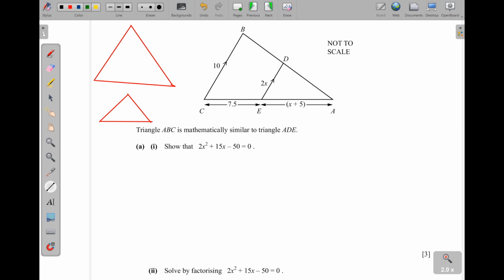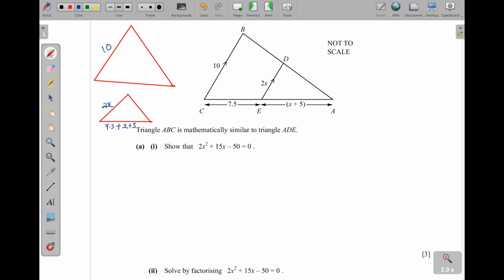So we are going to have, for the big one, this whole length is 7. Sorry. This is going to be 7.5. Then we add x plus 5. And then this length here is 2x. And then this way we are having 10.